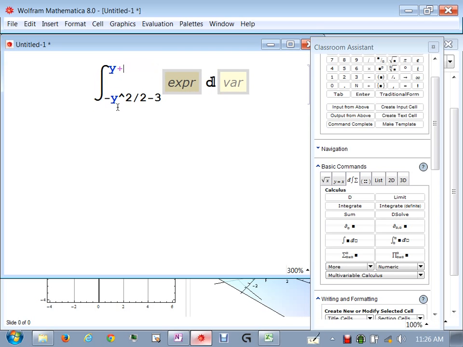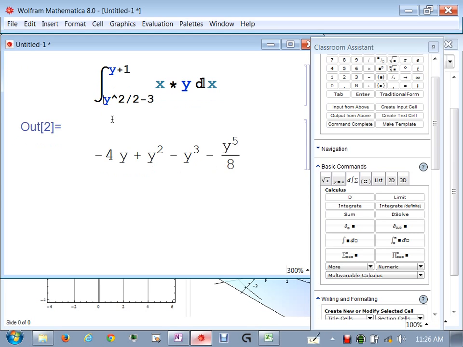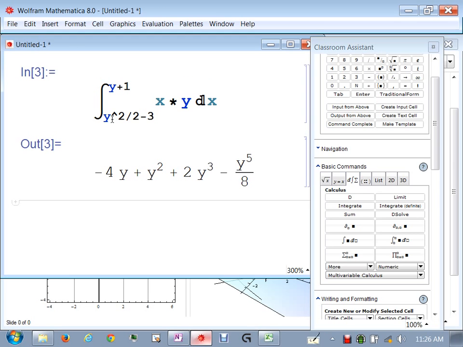Y plus 1. And I was integrating x times y with respect to x first, right? Is that what we had? Oh, this was positive right here? Okay, yeah, that'll make a difference. Is that what we had? I don't know. No, it was y squared, yeah, because it went that way. Is that what we had? Yes?